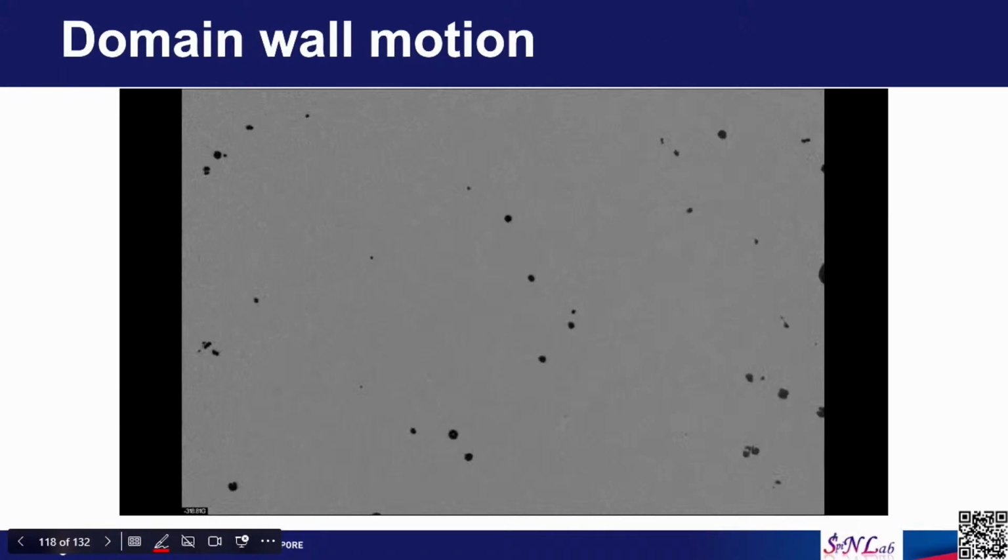You can observe this in this video. Here, let us say black means the magnetization is going into the board, and gray means magnetization is pointing towards you. This video was taken using Kerr microscopy in my lab.